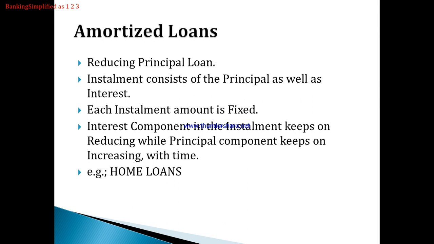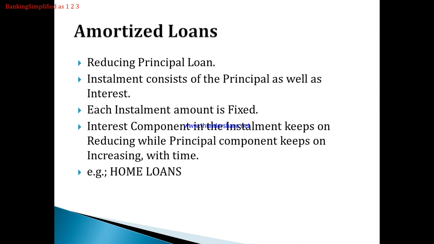As it is for 20 years, you will have 240 schedules. The rate of interest for the loan is 10% annually. That makes it 10 by 12, which is roughly 0.83% monthly.